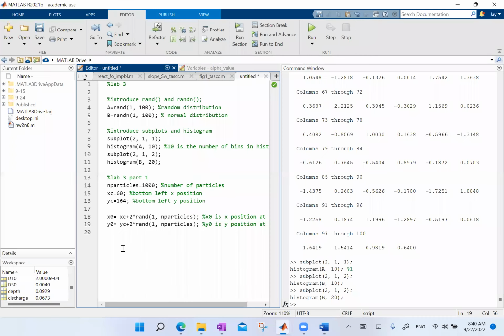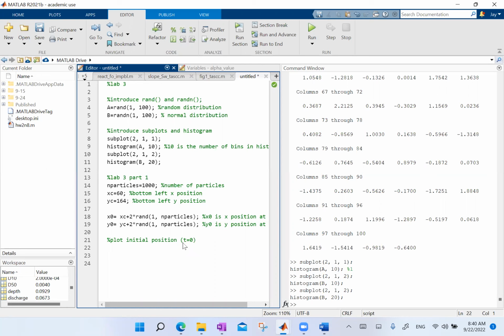And the next thing we can do is we want to plot it. So let's see, we're going to plot the initial position. And because we're going to plot the initial position and also t equals 50 and t equals 100, we're going to use subplots. We're going to use 3 subplots.